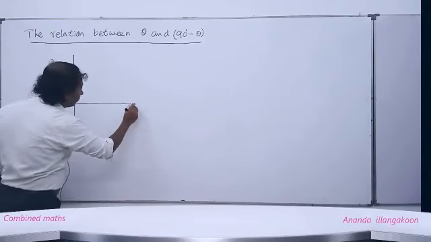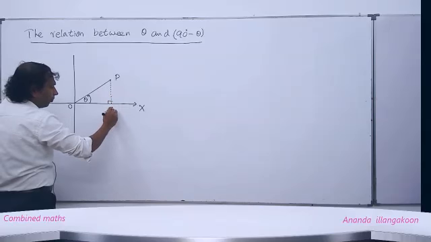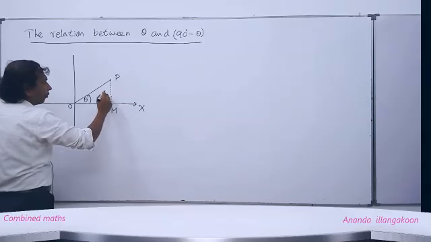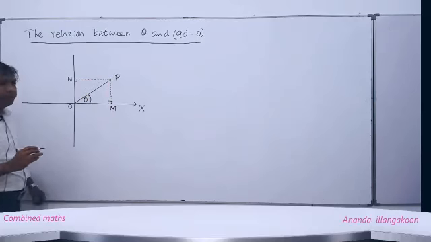From this P, I drop a perpendicular this way. This is M. This is N. Right?